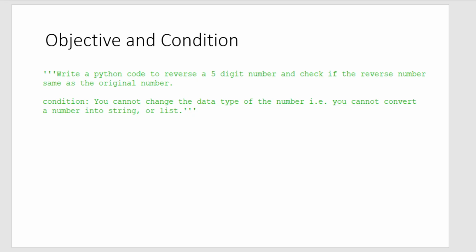The first thing we can do is have a number. Suppose we are having a number. We can keep it as a number, or we can convert this into a string, or we can convert this number into a list.